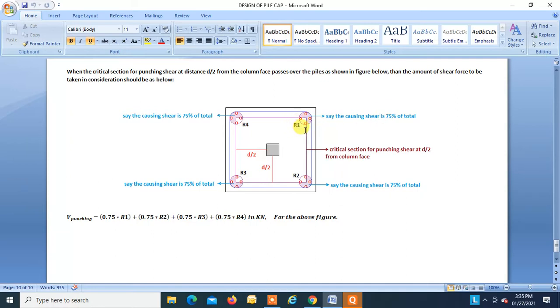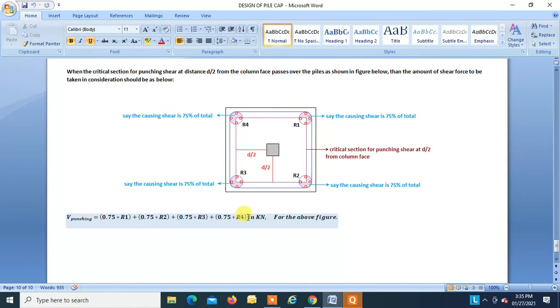This is R1, then the reaction which we have to consider from R1 will be 0.75 R1. Again, say this is 75% of the total area, then the reaction to be considered will be 0.75 R2. Similarly for this 0.75 R3, and for this 0.75 R4.